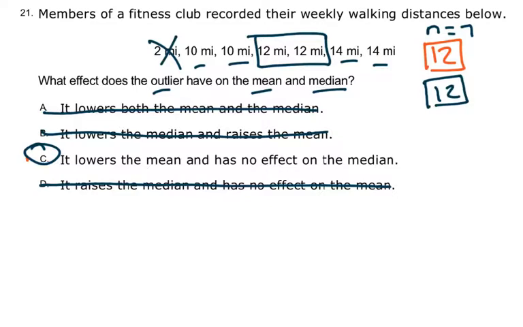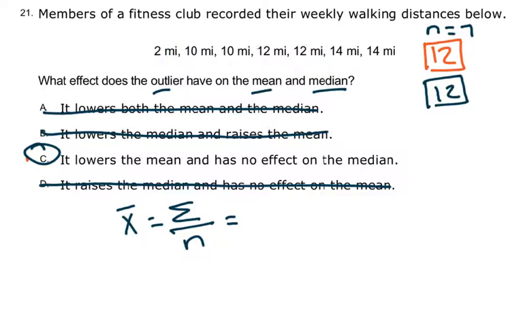All right, so we already know that our n is 7, right? So in calculating your mean, you're going to take the sum of all your numbers and divide it by how many numbers you have. So we're going to start with our data set including our outlier. Now I've already done the work. When you add up all these numbers, you're going to get 74. And when I divide by how many numbers I have, 7, I'm going to get 10.57.